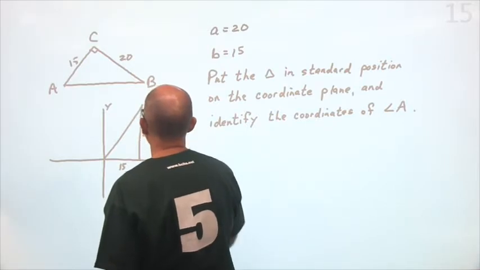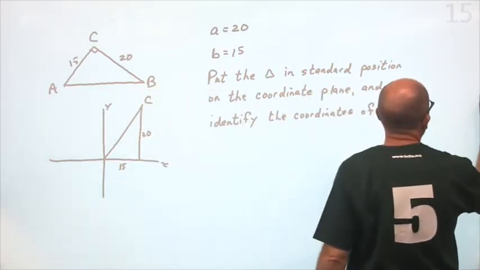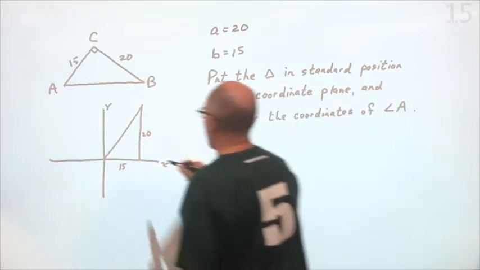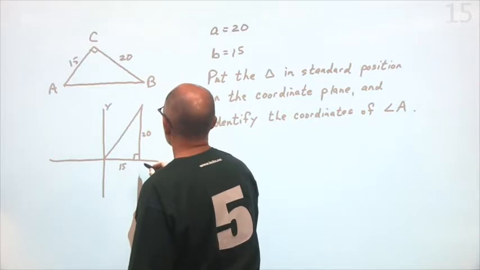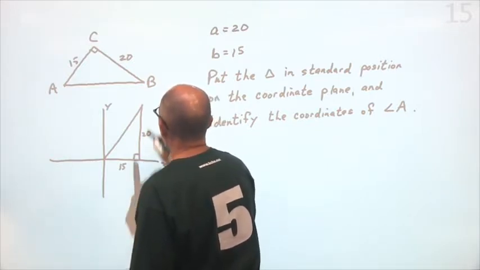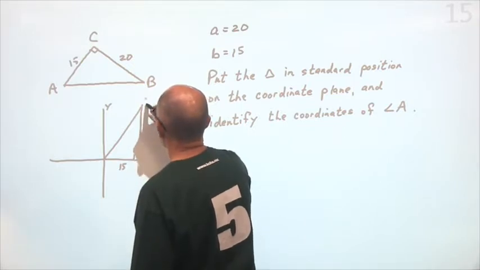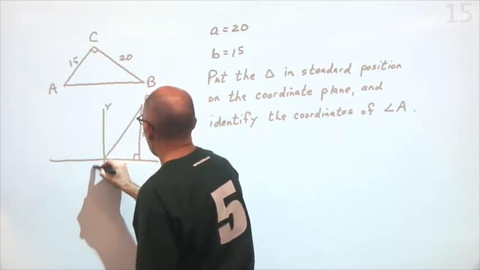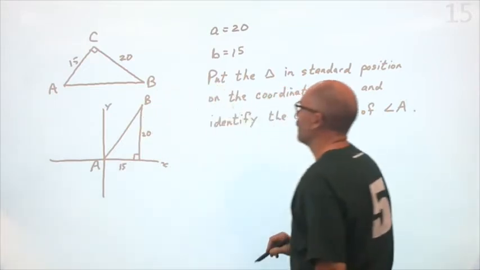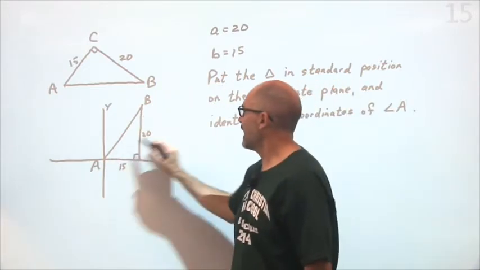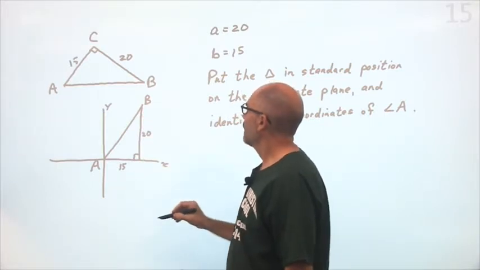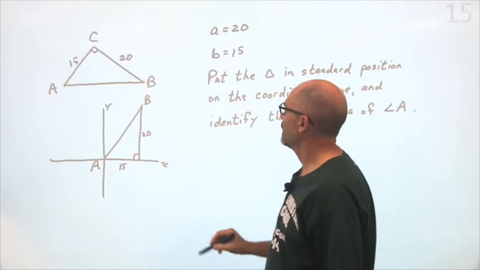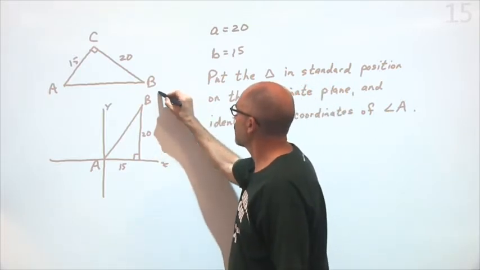And here is up. Here is the right angle, and notice the right angle is C. So that makes this B, and this is A. So notice side A is 20 and side B is 15. And so the point at B is the ordered pair 15, 20.